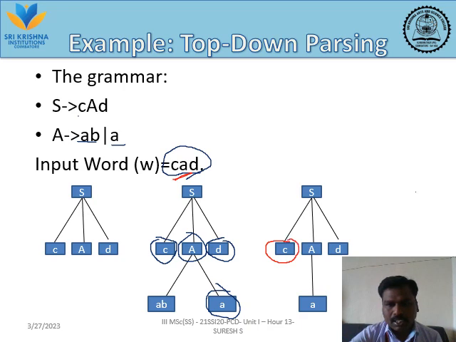The first is C on the left-hand side, A in the middle, and D on the right-hand side. So yes, the start symbol can produce it, and this grammar is capable of producing the input word that matches CAD.